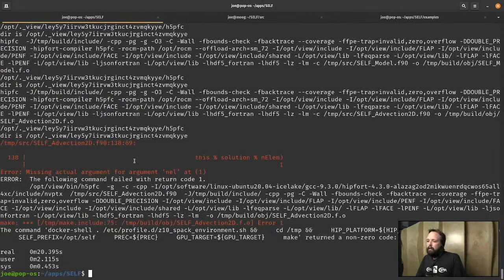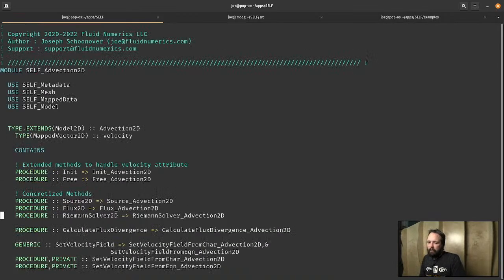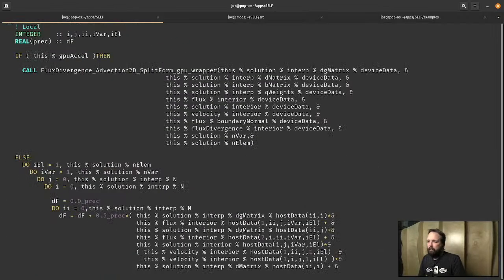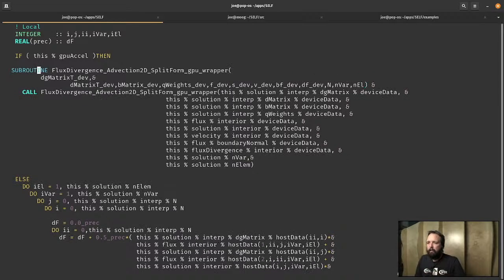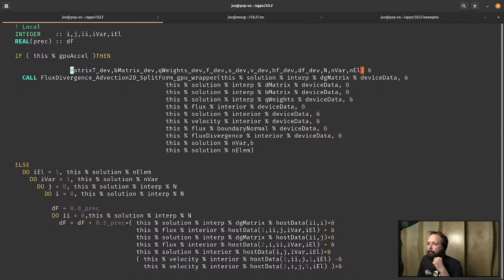Let's take a look at our build. Probably still have some broken things, but not too bad. Missing actual argument for NL. Let's take a look there. 138. All right, let's take a look at our interface. I'm just going to go through this one by one. I got DG matrix, yep. D matrix, yep.